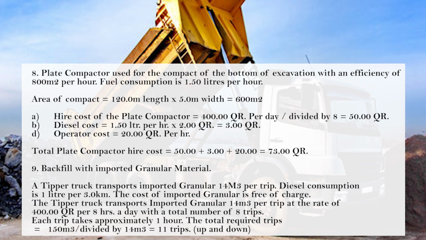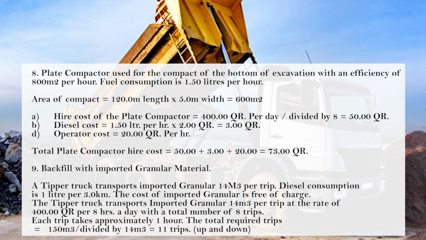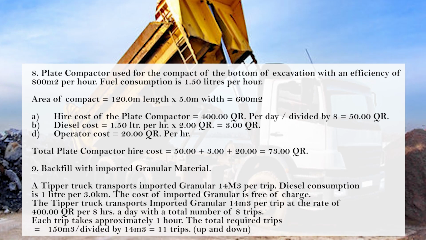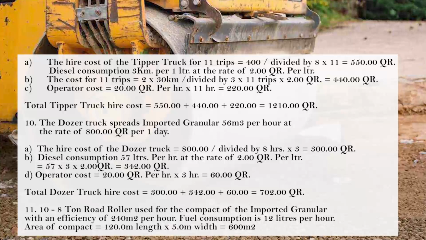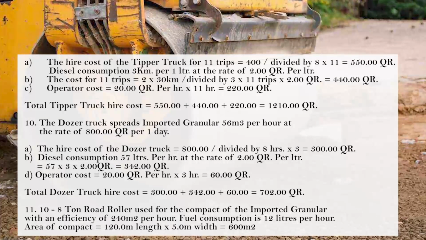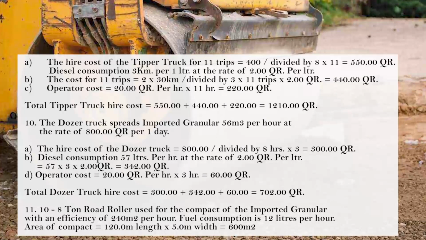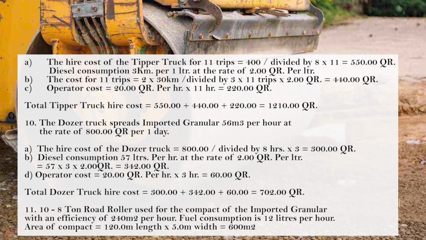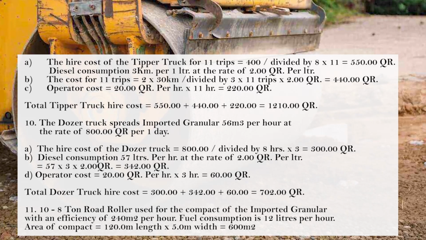The total required trips equals 150 cubic meter divided by 14 cubic meter, 11 trips up and down. A. The hire cost of the tipper truck for 11 trips, 400 divided by 8 multiplied by 11 equals 550 Qatar riyals. Diesel consumption 3 km per 1 liter at the rate of 2 Qatar riyal per liter.